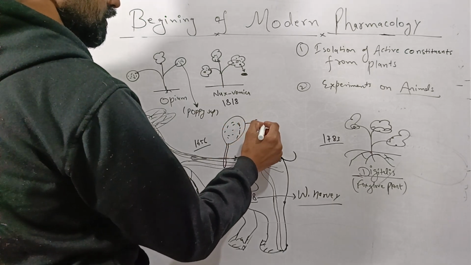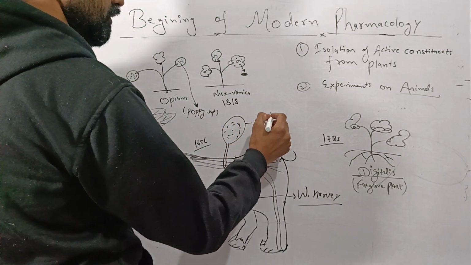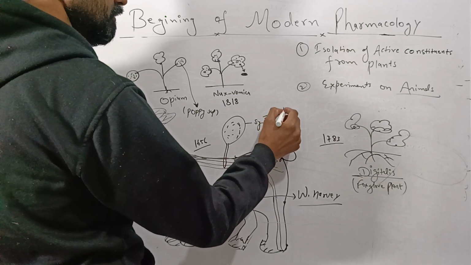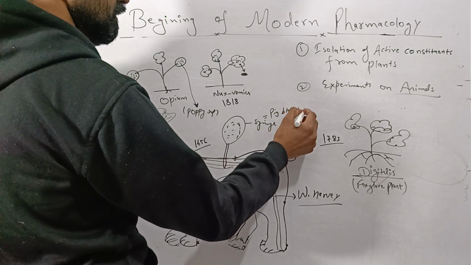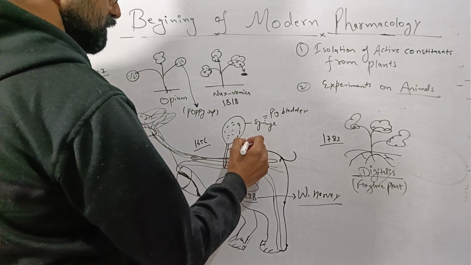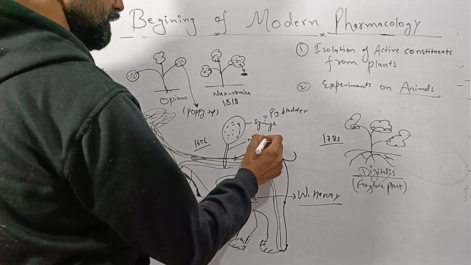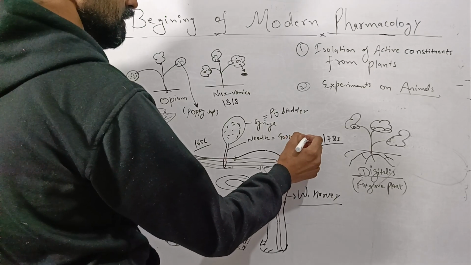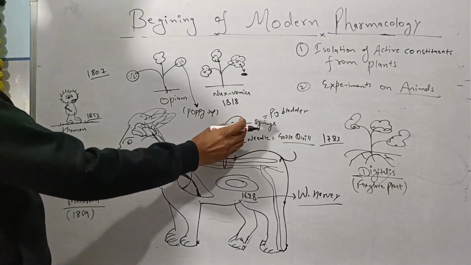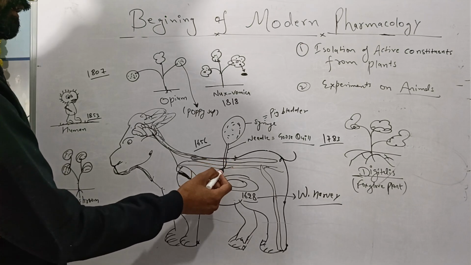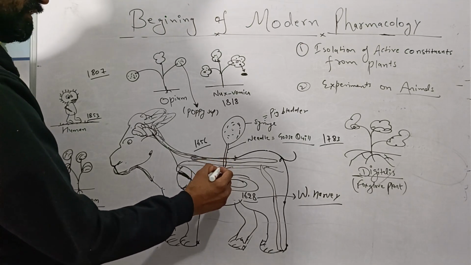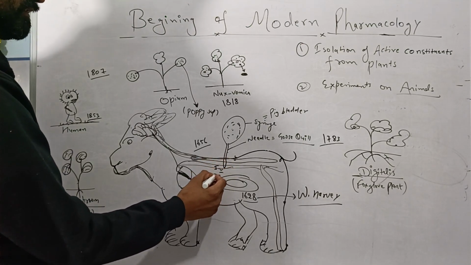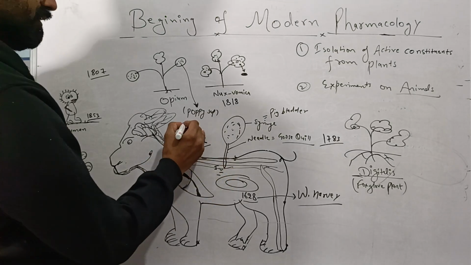The syringe was made of pig bladder, and the needle he used was a goose quill. With this system, syringe and needle, he gave the first intravenous injection into the dog.